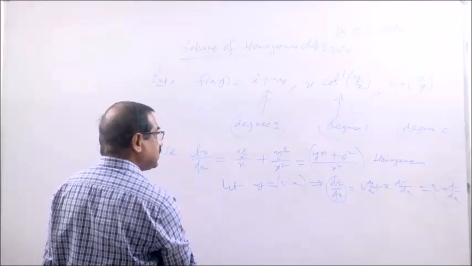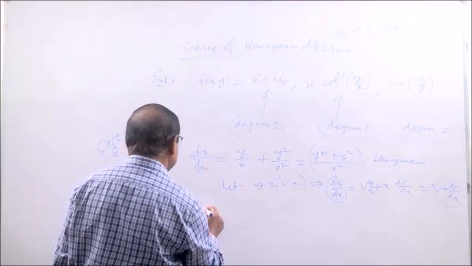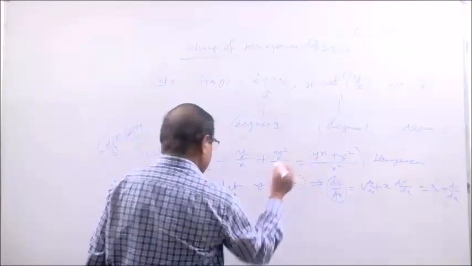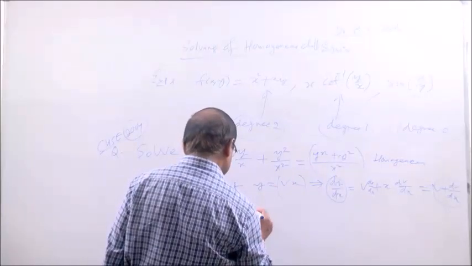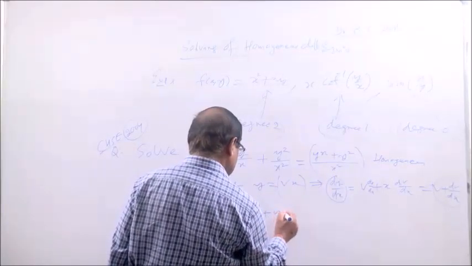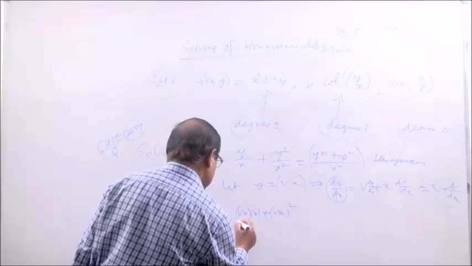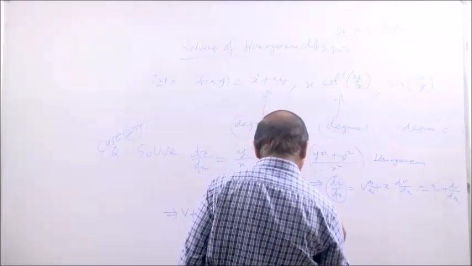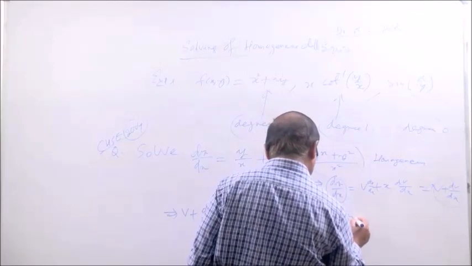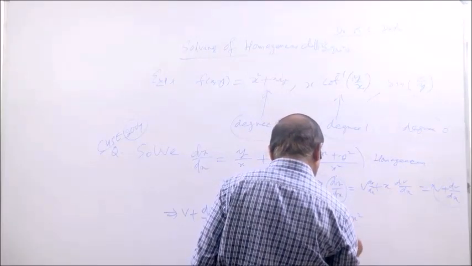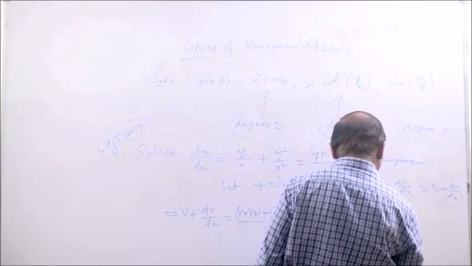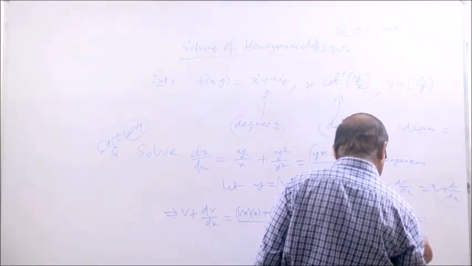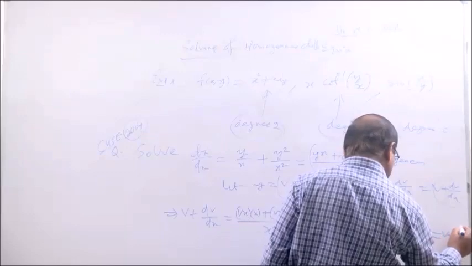So this becomes v plus x dv by dx is equal to vx by x plus v square x square by x square, that is v plus v square.